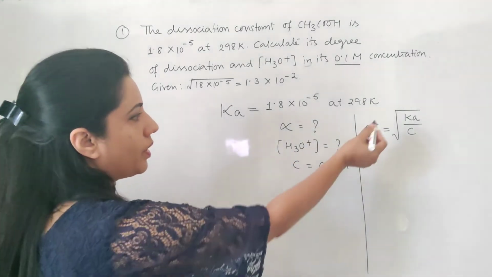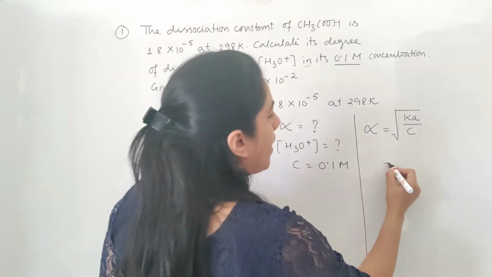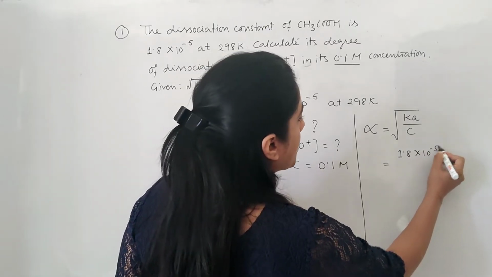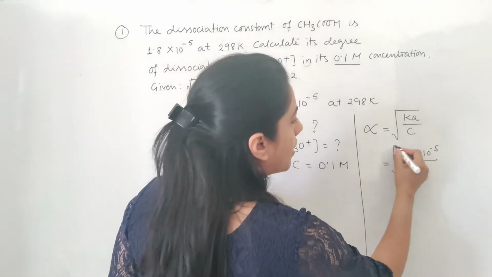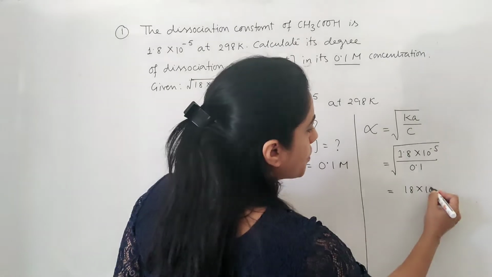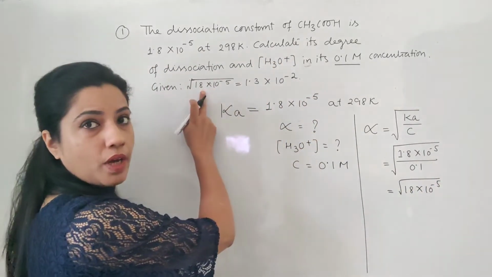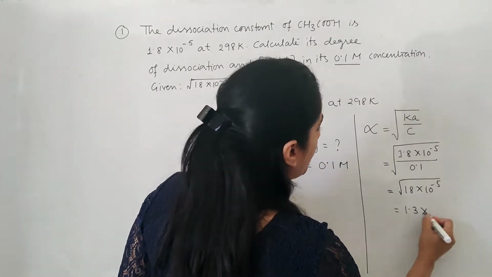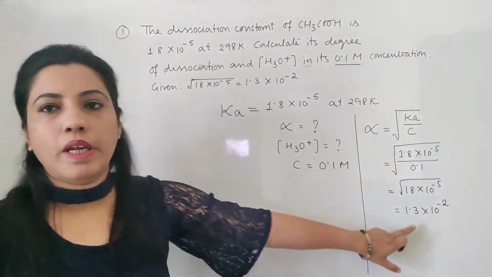Alpha we have to find out. Value of Ka is given, 1.8 into 10 raised to power minus 5. Value of C is also given, 0.1, under root of this. If you calculate this, it will be 18 into 10 raised to power minus 5, and root of 18 into 10 raised to power minus 5 is 1.3 into 10 raised to power minus 2. So the value of alpha, we get this.